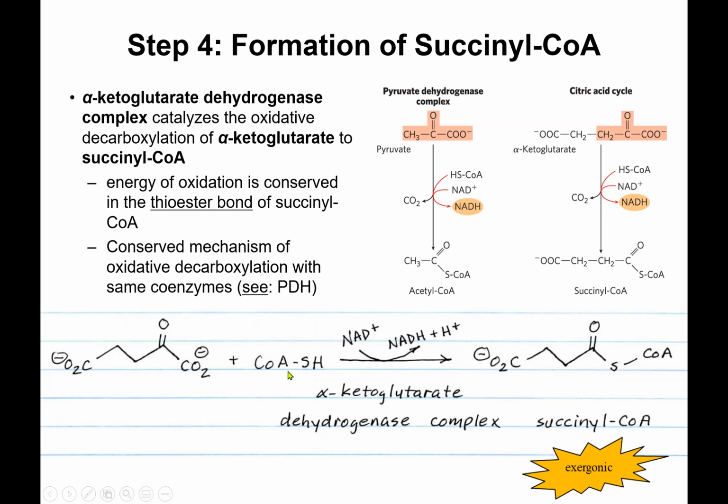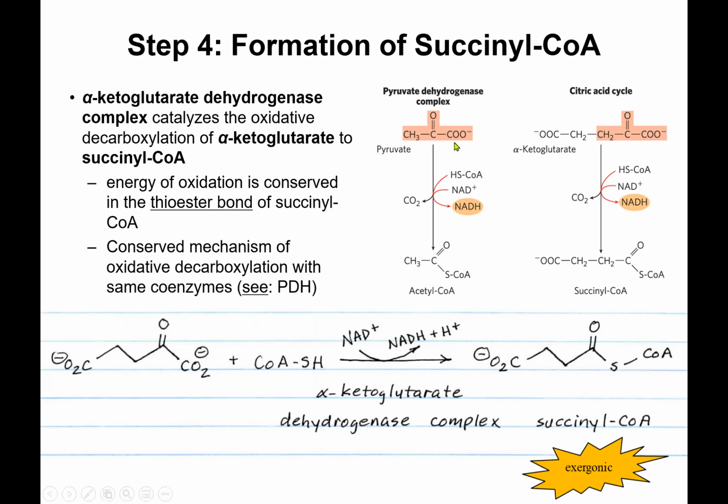So this is once again a redox reaction and is also a decarboxylation, as well as forming a high energy bond here, right? This reaction looks quite a bit like what we saw in the pyruvate dehydrogenase complex reaction.